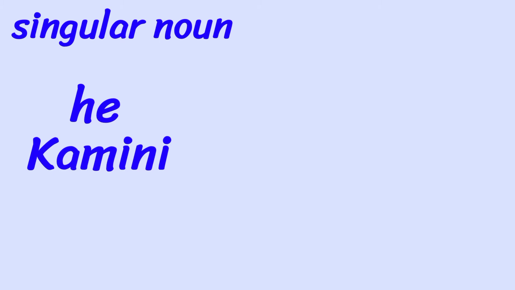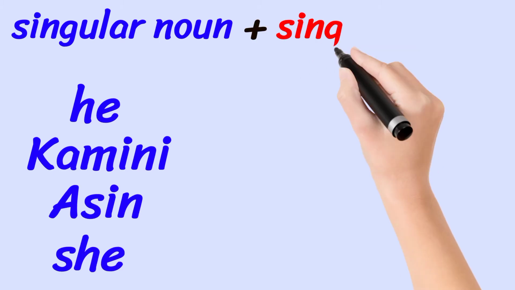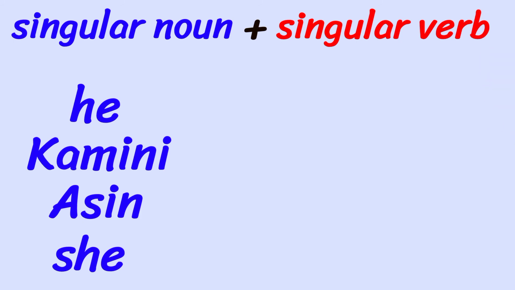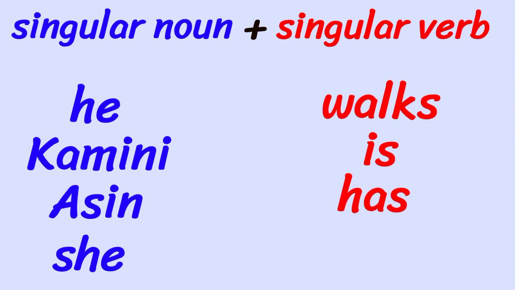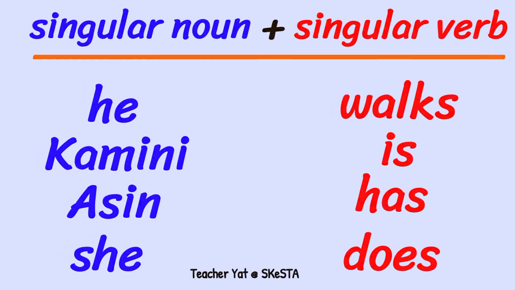We have a singular noun and a singular verb, so our subject and verb agree with each other. Now, let's go back to the sentence you saw at the beginning of this video.